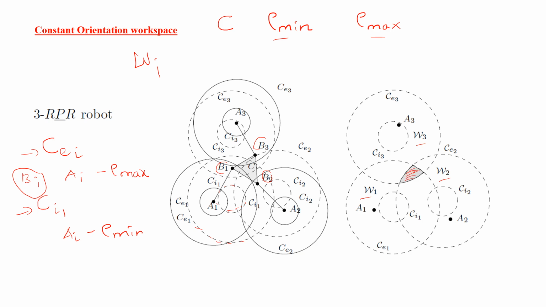The intersection of W1, W2, W3 is easily calculated. The boundary of the workspace will be constituted of circular arcs from the three annuli, and the workspace is deduced from these, shaded in gray here. This is the workspace for the considered 3 RPR manipulator in the constant orientation method.